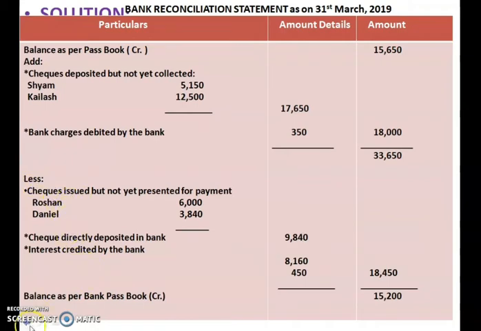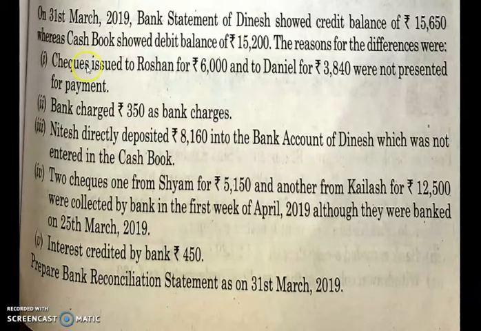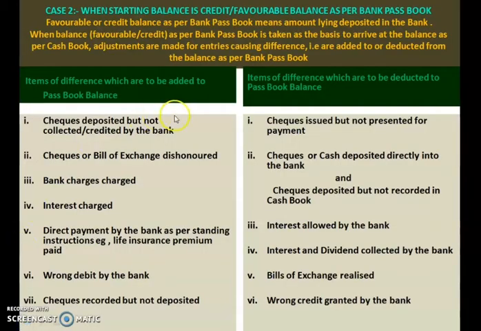So let us see what we have to do. You wrote the balance first, then checks issued to Rohan for 6,000 and Daniel for 3,840 were not presented for payment.